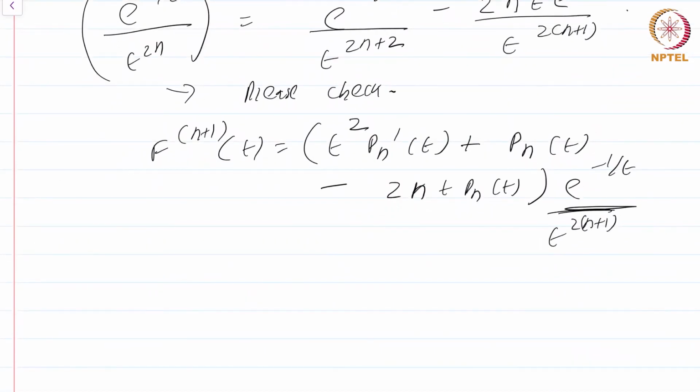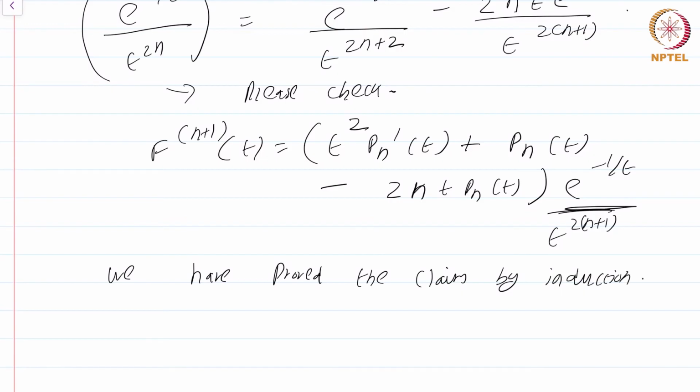Okay, so this is just a routine computation. Please check or check the notes for all the details worked out. Okay, so we have proved the claim by induction.